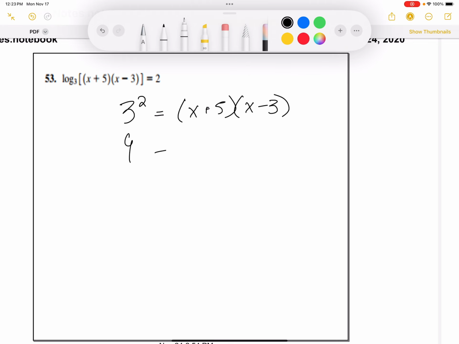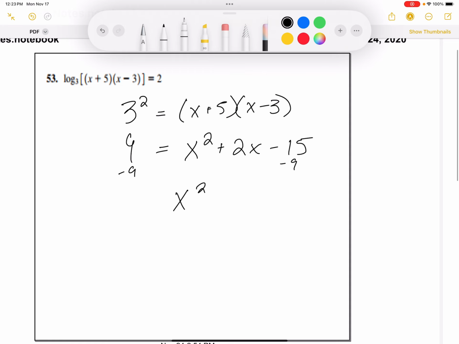That's 9 equals x squared, 5 and negative 3 means positive 2x minus 15. Subtract 9 on both sides, we get x squared plus 2x minus 24.